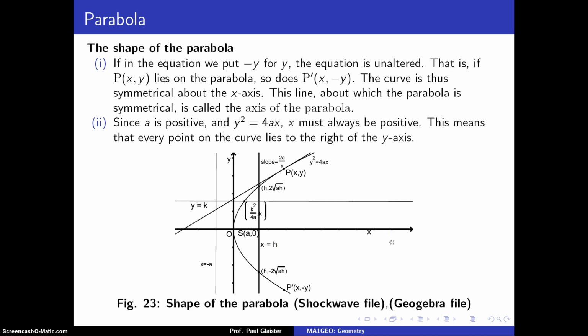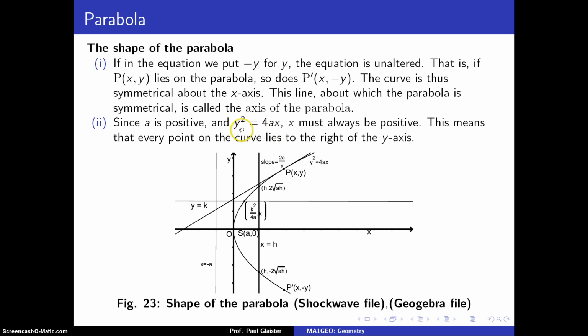Finally, we can determine at any point P on the parabola the gradient of the tangent at that point simply by either rearranging y squared equals 4ax by writing y equals plus or minus the square root of 4ax and differentiating to find the gradient of the curve at that point, or more simply just implicitly differentiating this expression.